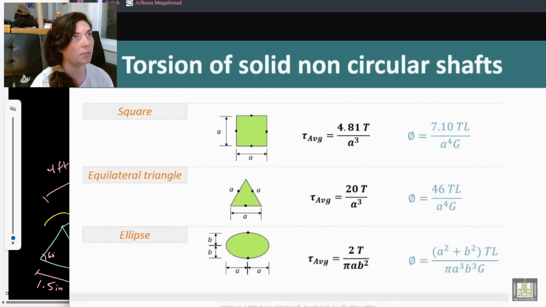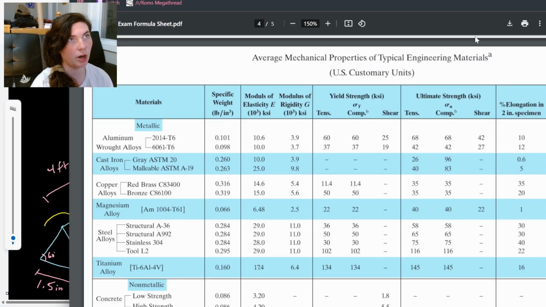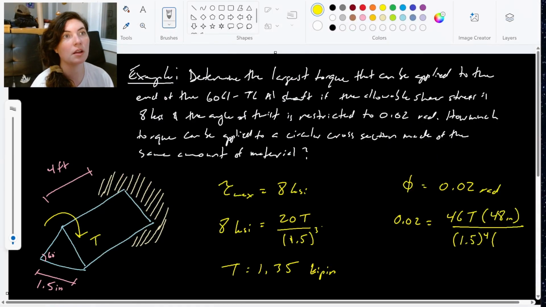So we can open up our handy dandy properties of materials table, look up aluminum, here it is, aluminum 6061 T6, and find our modulus of rigidity. Right here, 3.7 times 10 to the third ksi.